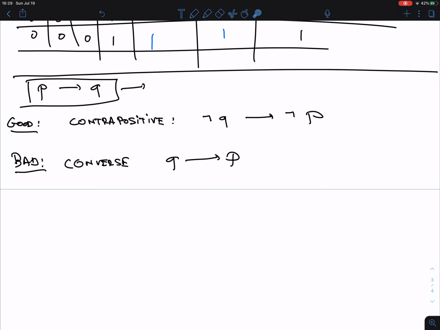So the converse is not related to the actual implication, although very often people make this mistake when they see the implication and they say the converse. Okay, so for instance, an example.